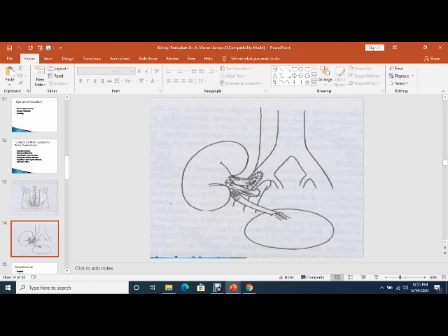So this is called anastomosis. Grafted. Now this is a graft: the kidney which is removed and implanted into the recipient.